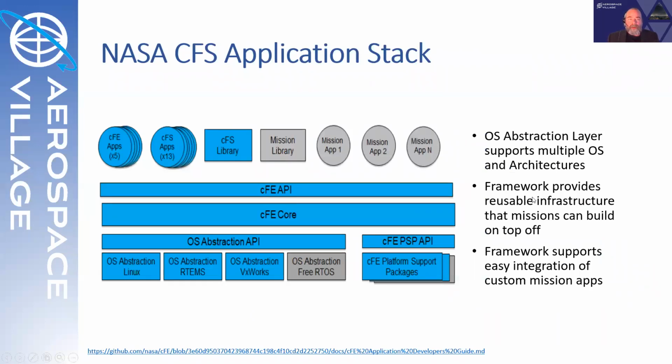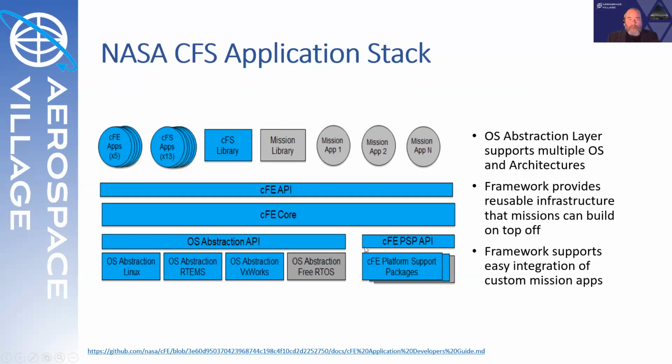Another view of the Core Flight System is this application stack view, again adapted from NASA. The items in gray are those that would be required to be developed specifically for a new mission and wouldn't necessarily be shared between missions, depending on the payloads that you have. The items in blue are the reusable components. So you can see that there's quite a bit that's already provided to help us start a new mission off with their software development.